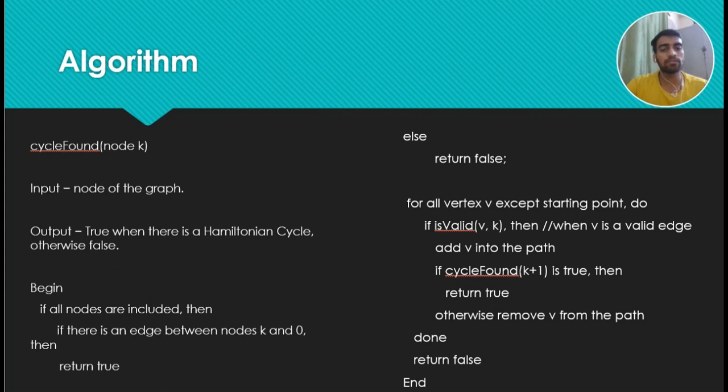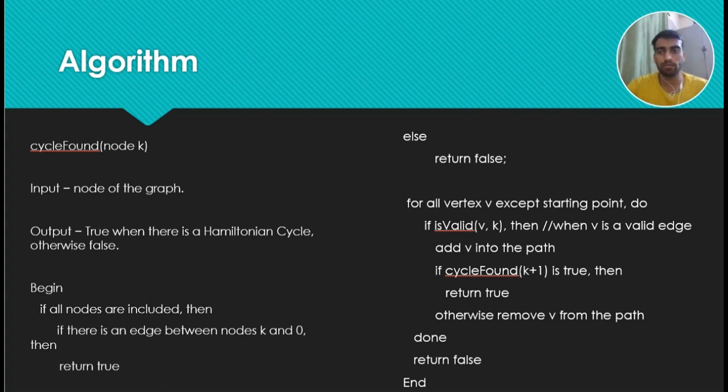For all vertices except the starting point, we will traverse and check if there is a valid v for k. When v is valid, we'll add v to the path, and then check if cycle found; if so, we'll return true. Otherwise we'll remove v, that is, we will be backtracking, and before the ending we will return false.